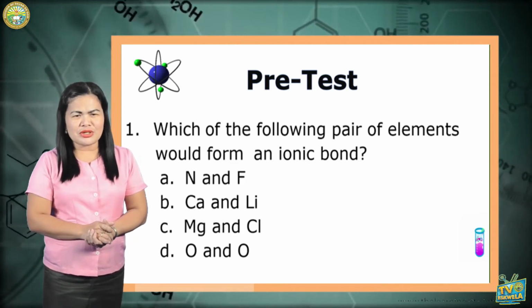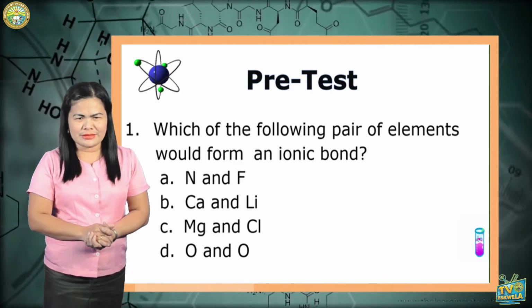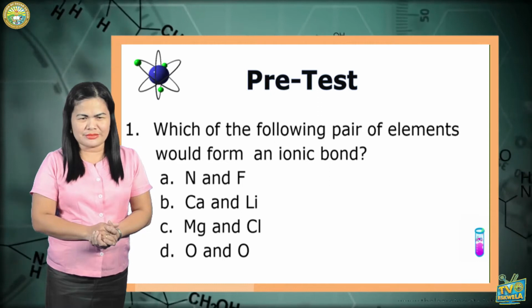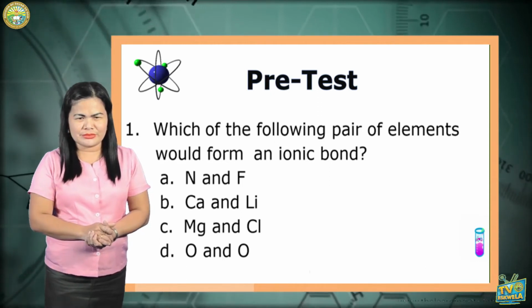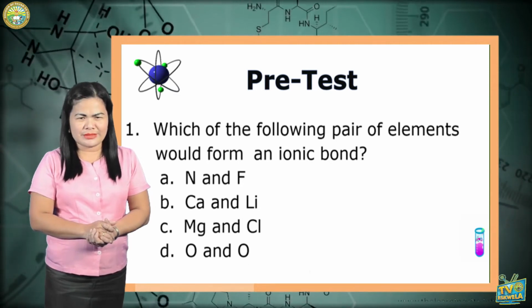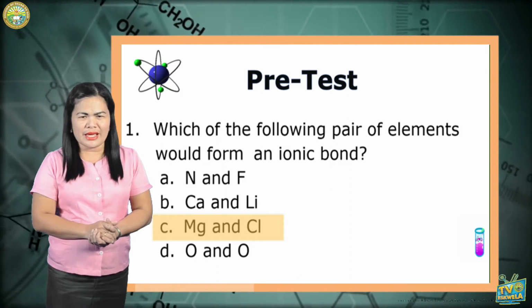C. Magnesium and chlorine. D. Oxygen and oxygen. The correct answer is C. Magnesium and chlorine.